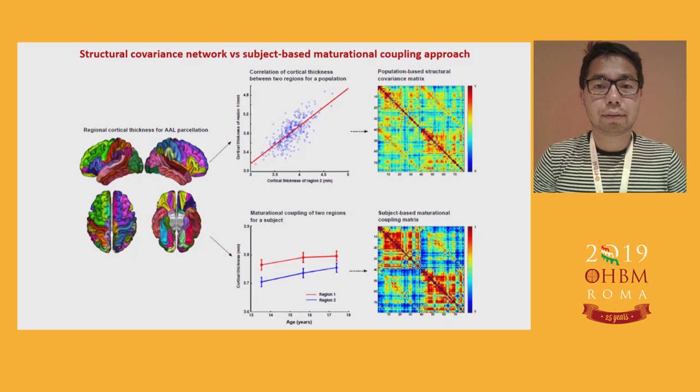The hypothesis is that during development, regions of the brain, for example, bilateral homologous regions, are driven by the same growth factors, so it turns out that they co-vary across the population. With that same logic, we could speculate that during development, it's possible that regions of the brain could also co-vary. Either they grow together or they shrink together. That's the hypothesis. So this is the schematic.